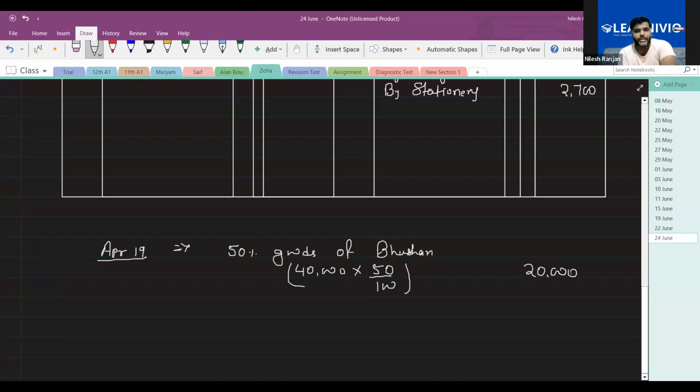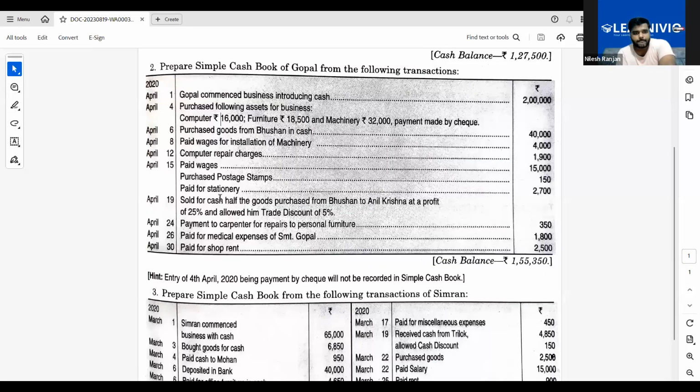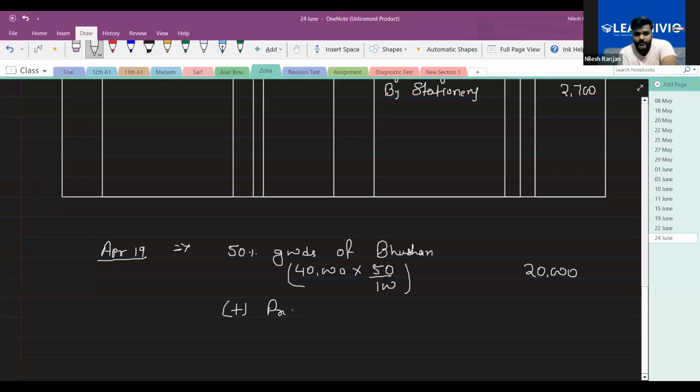It is sold for cash at 25% profit, so plus profit 25%, 20,000 into 25%, it will be 5,000. So 25,000.